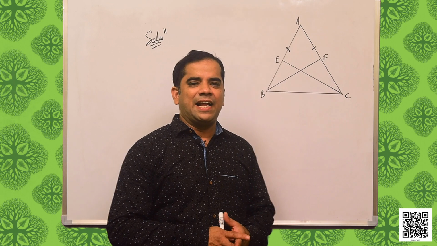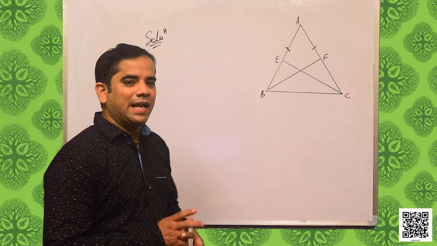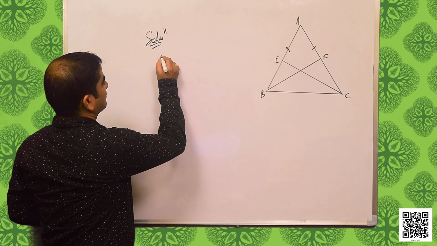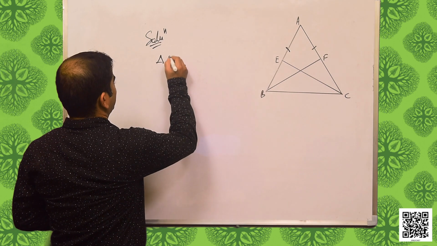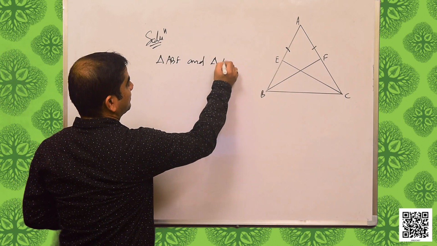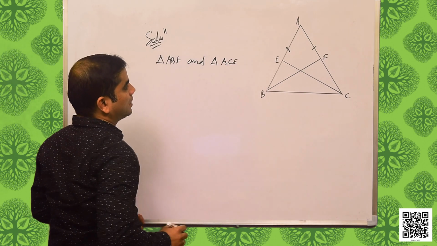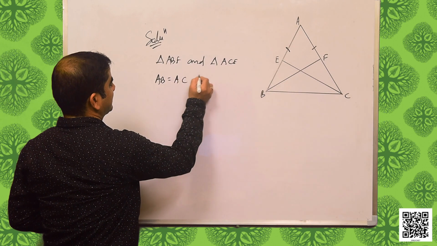So, in triangle ABF and triangle ACE, what is it given? AB is equal to AC. It is given.